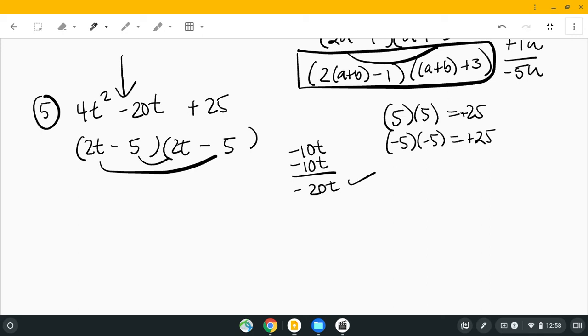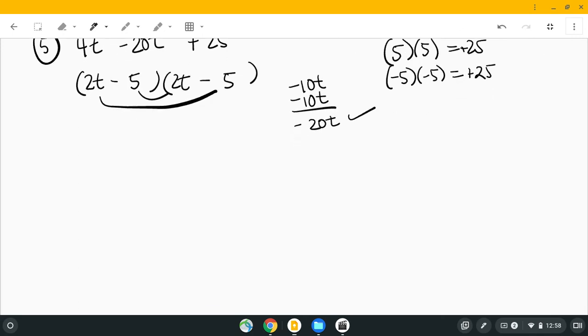Okay? Now, some special factoring. Special factoring, we have difference of squares and difference of cubes. But let's do difference of squares first.